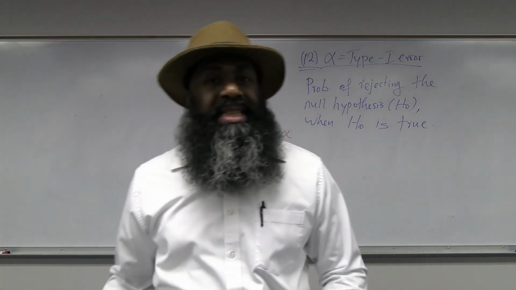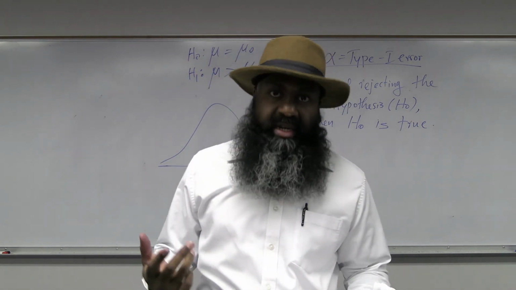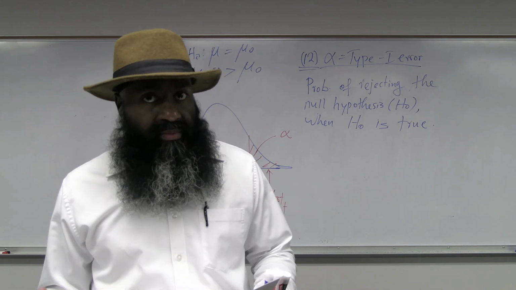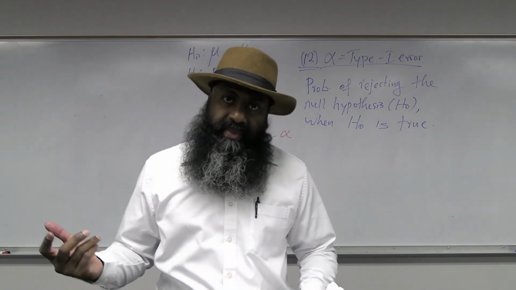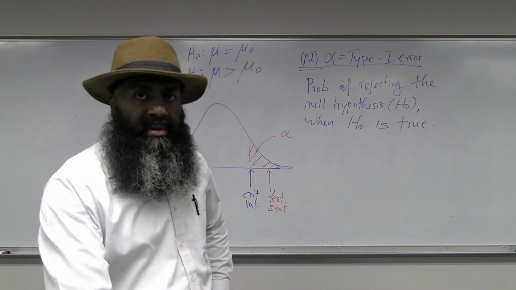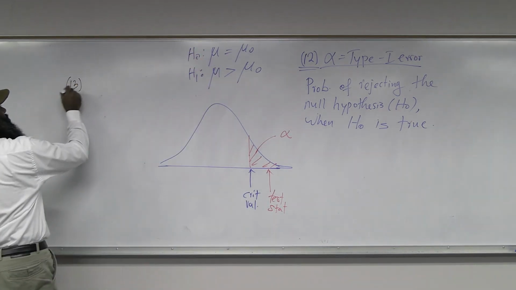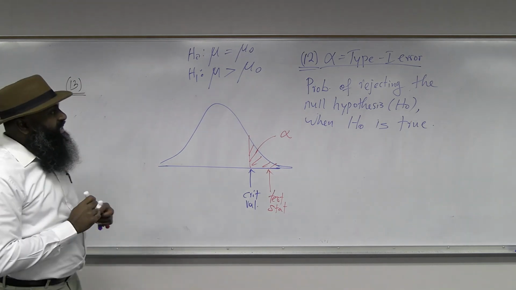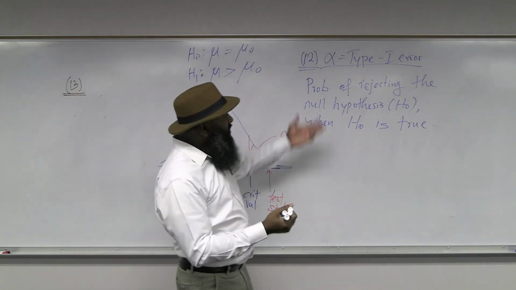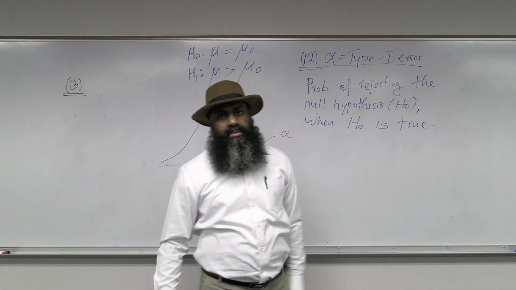Let's go to point number 13. There's another possible error that we might commit when we do hypothesis tests. Can you tell me another way that we can make an error? Earlier we said the probability of rejecting the null hypothesis when the null hypothesis is true is an error.